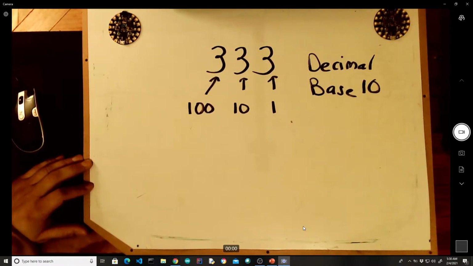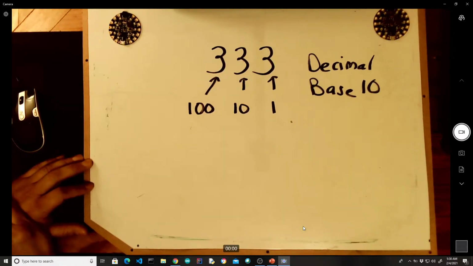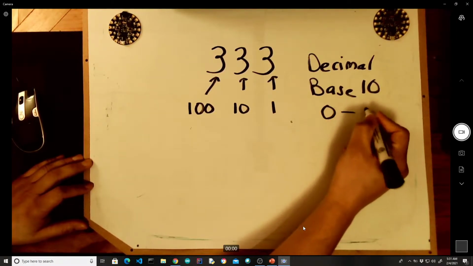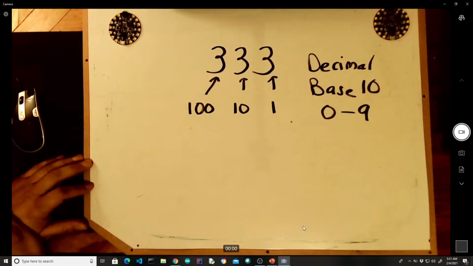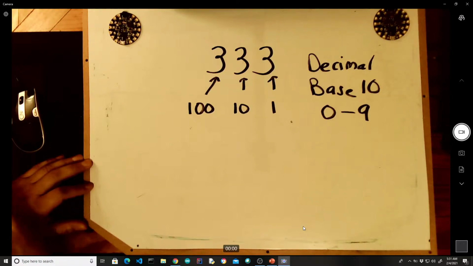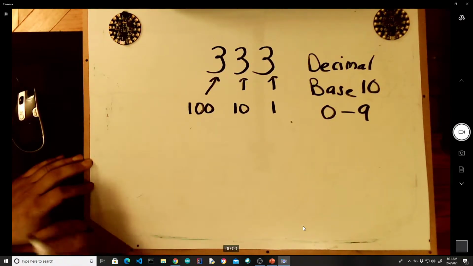So why base 10? Well, there's two reasons for that. First one is that in each position, we can have one of 10 possible numbers, that being 0 to 9. Another reason for it to be called the base 10 is that each of the place values can be represented as some number with a base of 10.